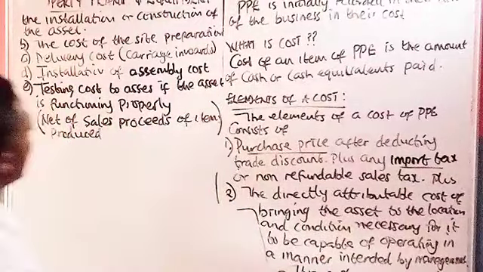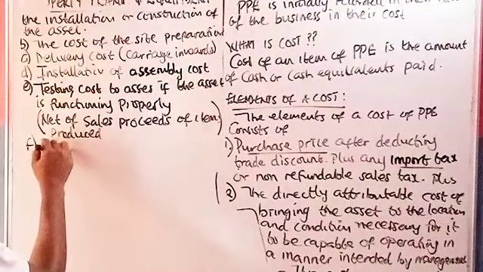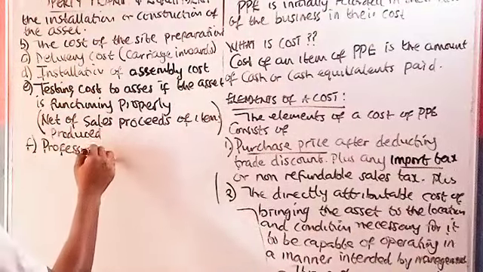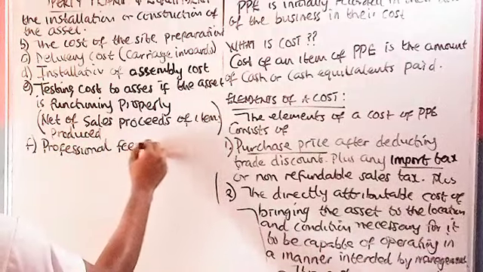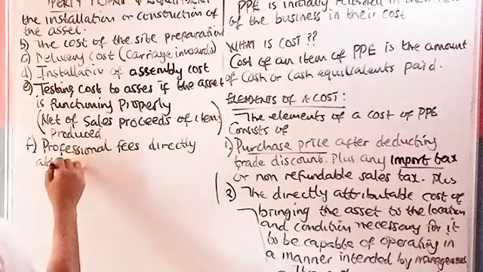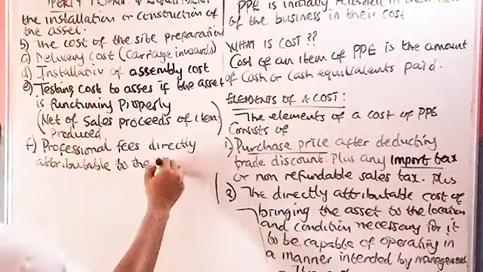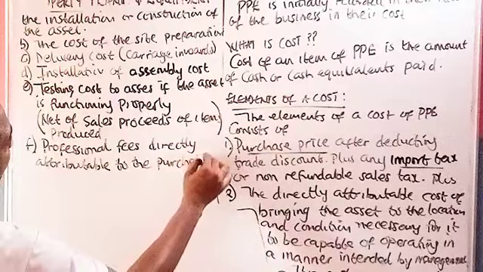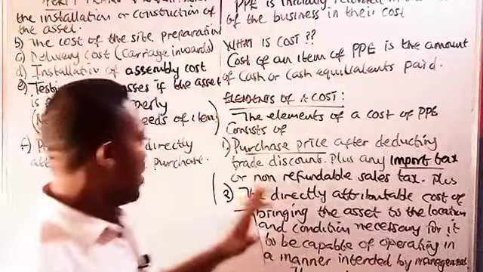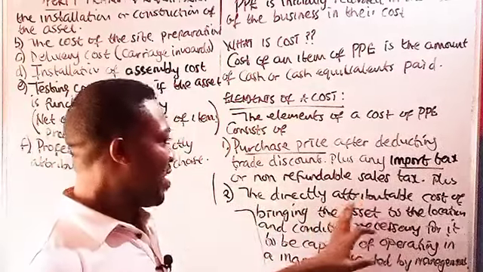Net of sales proceeds of items produced. Then F is professional fees directly attributable to the purchase.